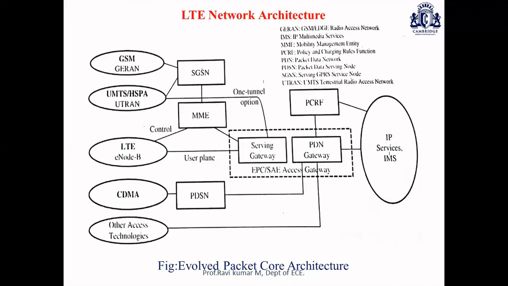PCRF interfaces with the PDN gateway and supports service data flow detection. Policy enforcement is also done with respect to PCRF. PCRF was actually defined in release 7 of 3GPP, which is much ahead of the LTE implementation. So that's about module 1 with respect to key aspects as well as LTE architecture.